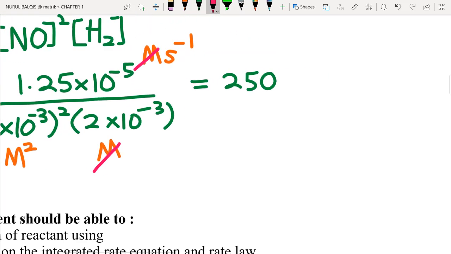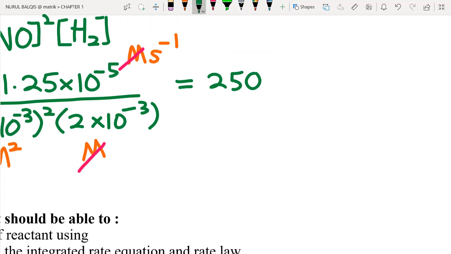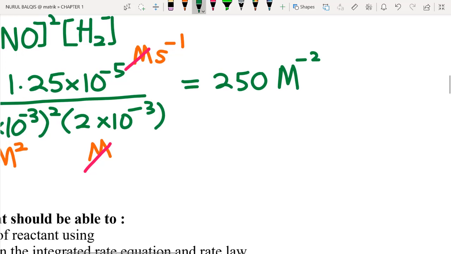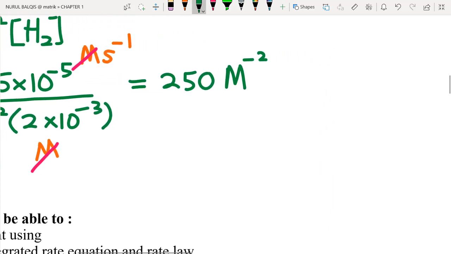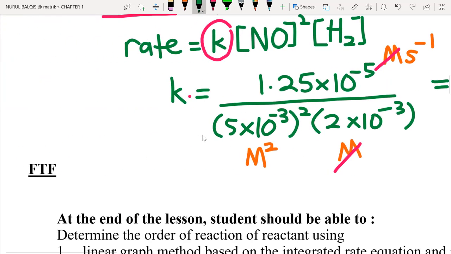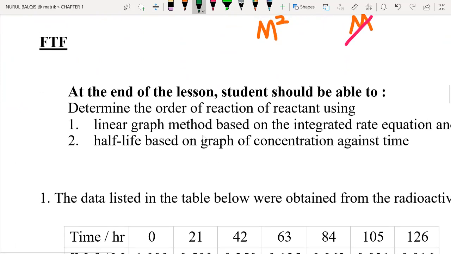Lastly, you're gonna have unit of molar to the power of -2, per second. Alright, so this is gonna be your unit for our rate constant since it is third order.